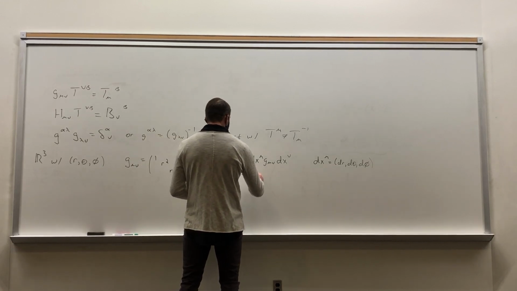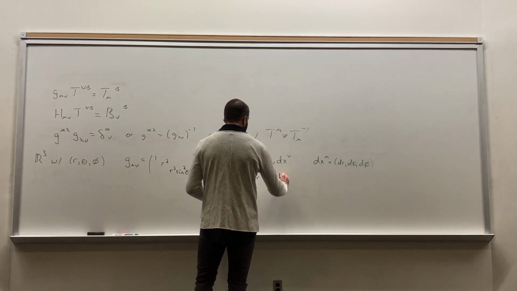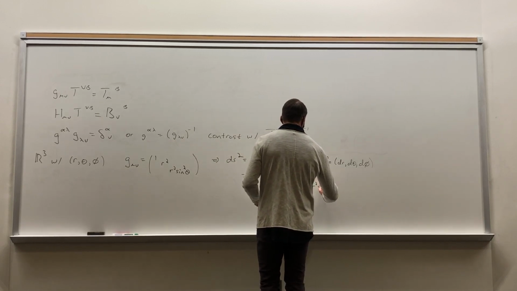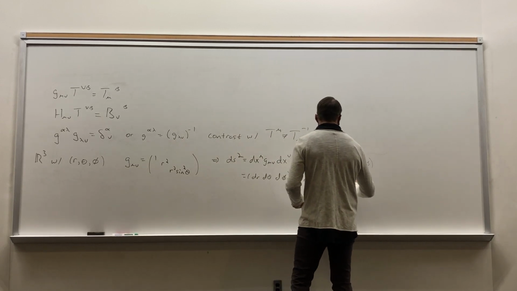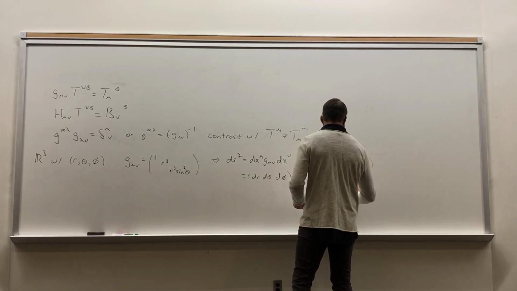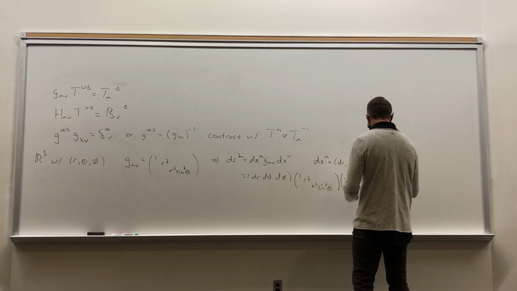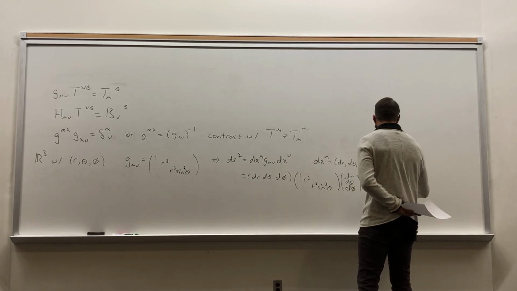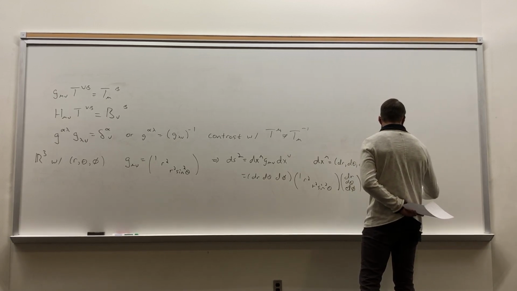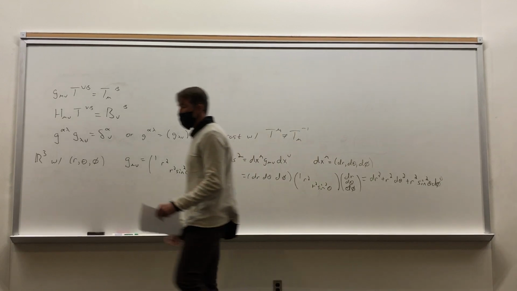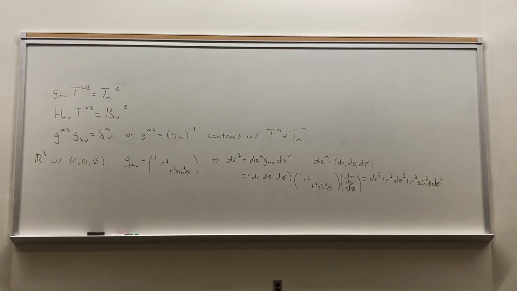And so, of course, this just becomes (dr, dθ, dφ) times the matrix diag(1, r squared, r squared sine squared theta) times (dr, dθ, dφ). And this, of course, is going to give us dr squared plus r squared dθ squared plus r squared sine squared theta dφ squared. Okay? Which hopefully is the familiar line element.